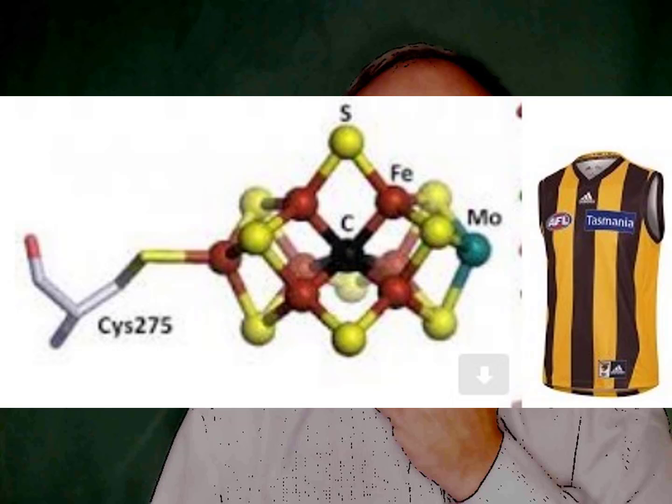If you expand an orange 1 billion times, that's going to be insane. It's probably the size of Neptune. But if you expanded an oxygen molecule 1 billion times, it would be the size of a footy, a football. We have an oval-shaped football.